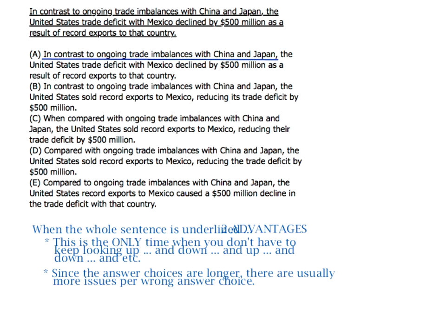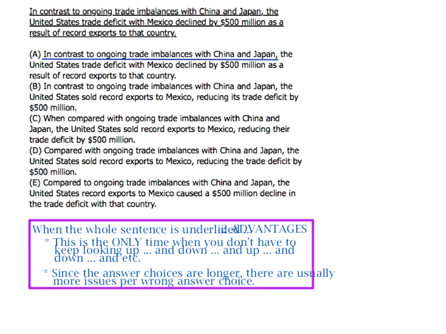When you have a really short underline, you usually have one thing wrong, and if you don't get it, you're kind of dead. But in longer sentences, there's usually a handful of issues with each choice. So you should actually like these problems better, because you don't have to keep looking up and down, and you usually have second chances. So don't hate these things. These are your friends. All they want to do is be your friend.